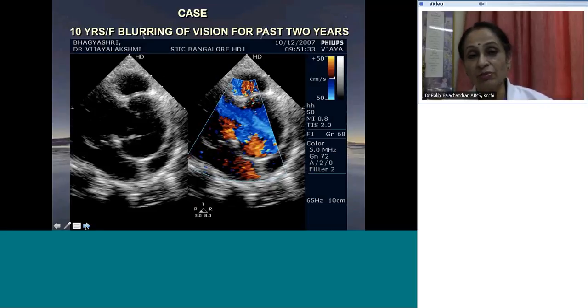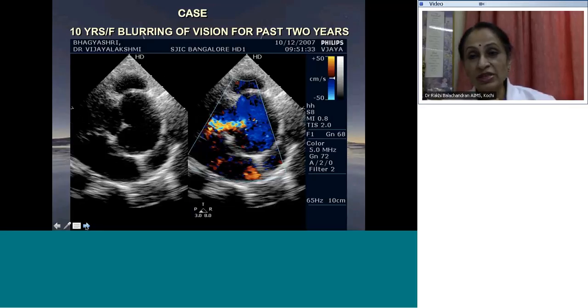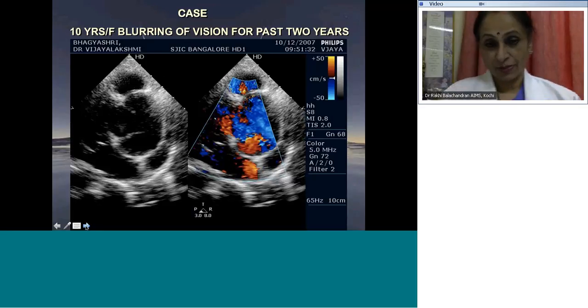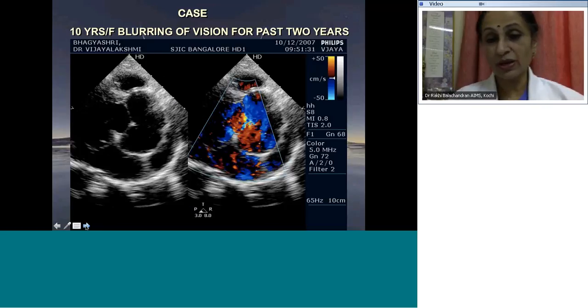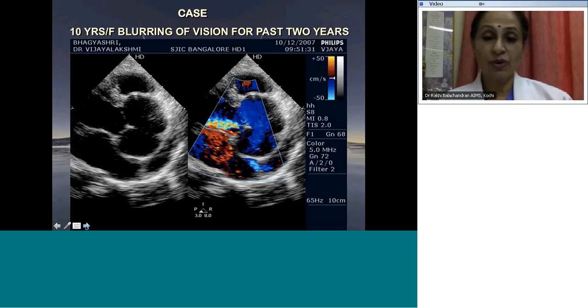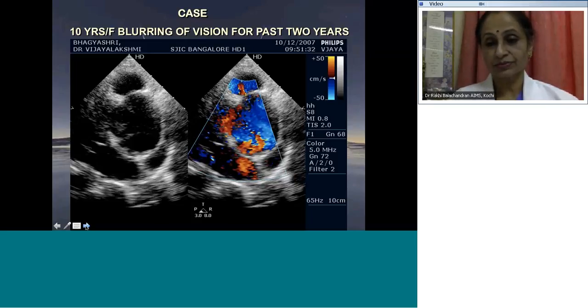Okay. Now, this is a 10-year-old child who presented with blurring of vision for the past 2 years. What do you suspect? Blurring of vision in a child with this echo, and what should you look for in the eyes?